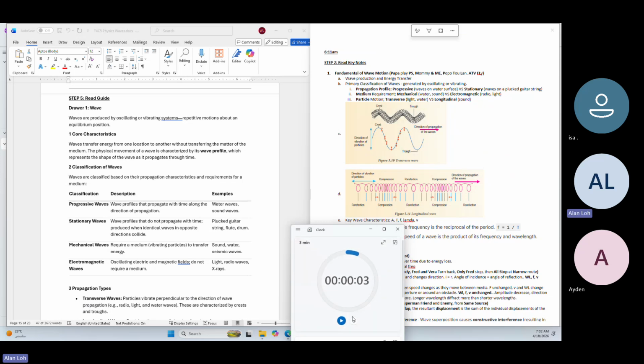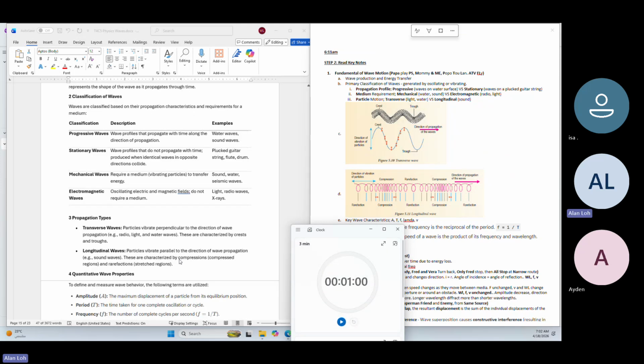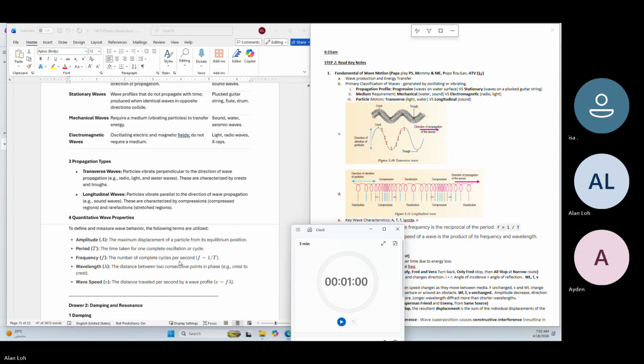All right, time's up. Let's go to the second part of drawer 1 before we move to drawer 2. Let's start now.